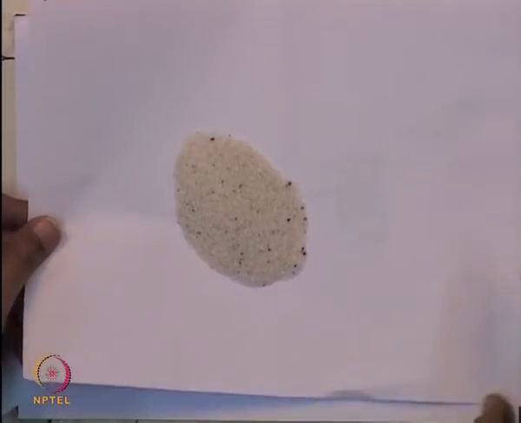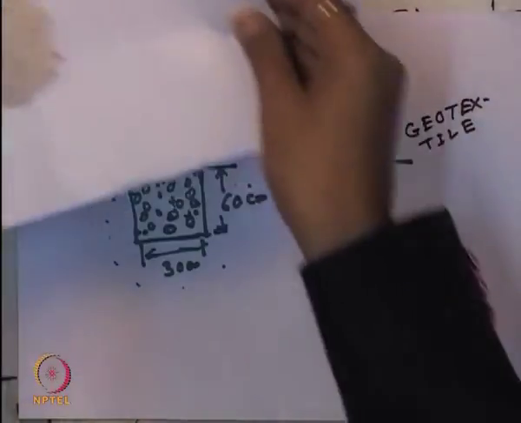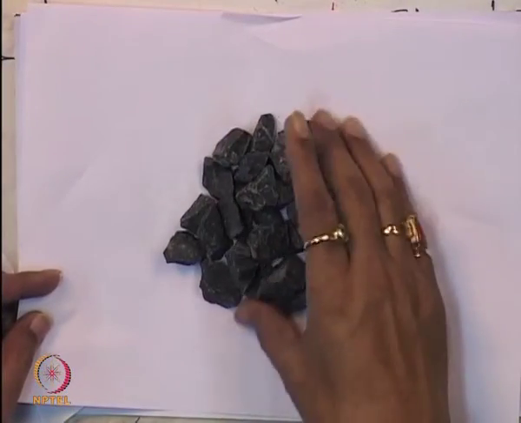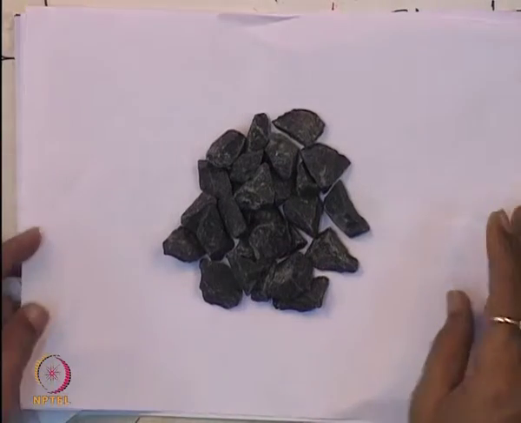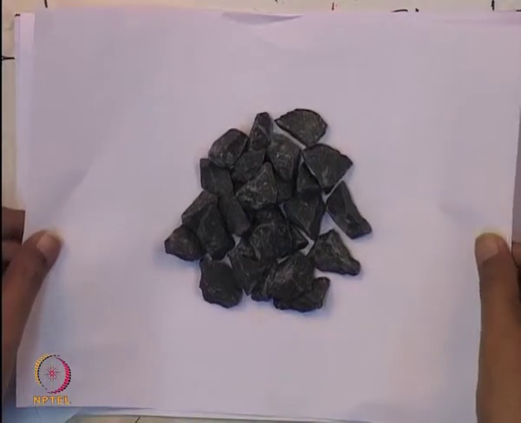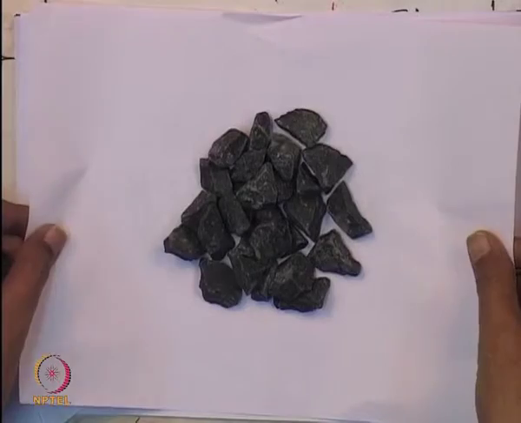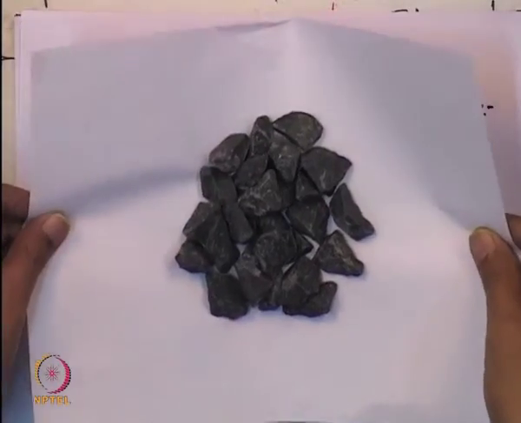For better drainage, we use this kind of aggregate, well graded or open graded good quality aggregate. So, this we use for the conventional method. As an alternative to this system, we can use geotextile.